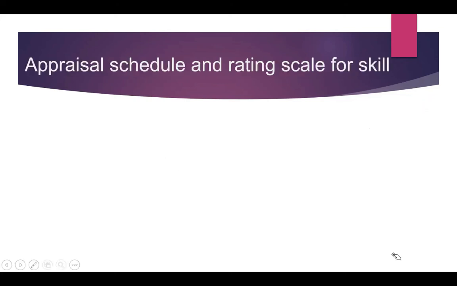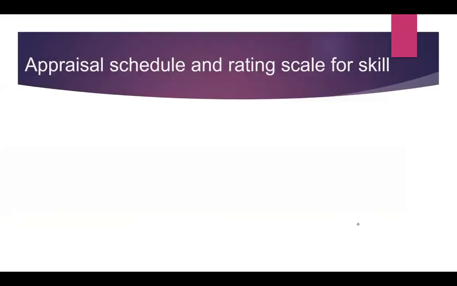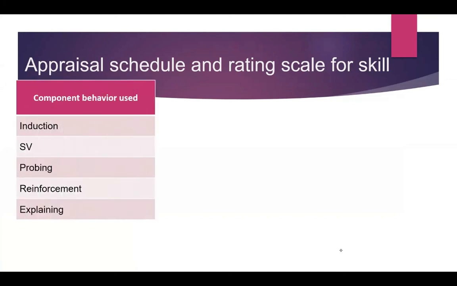So lastly, we are having the appraisal schedule or the observation schedule or the rating scale for this. If we are using all the skills in our class, then we have to rate each and every skill. For example, there are components in set induction. How many components are there in set induction? We have to mention that.